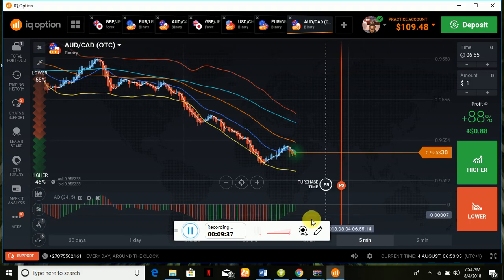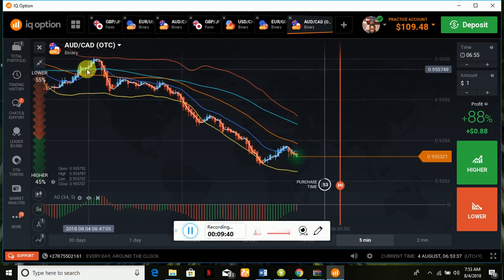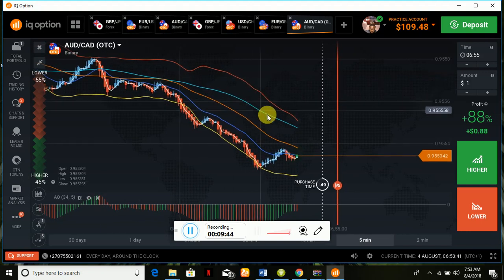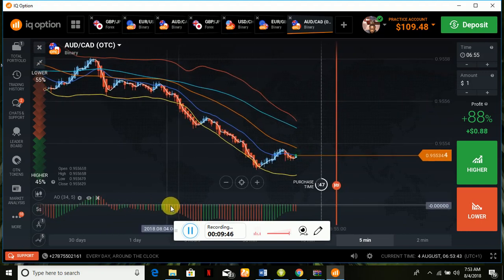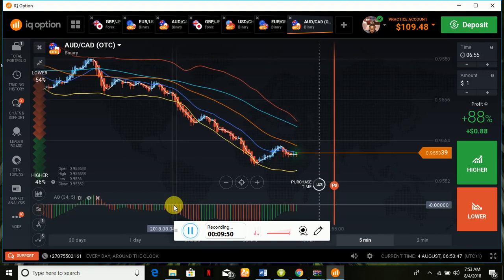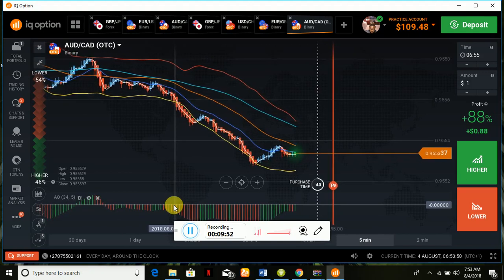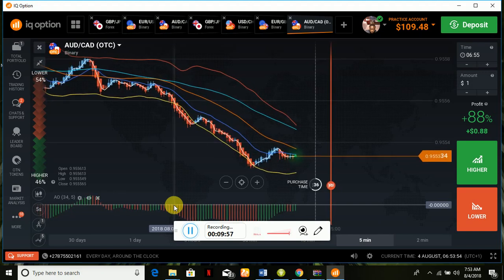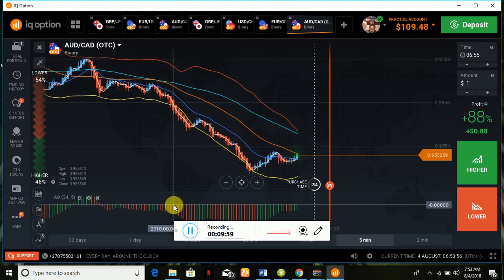If it's below, it's negative. So since it's still below this blue line here, your moving average 60, you're only going to be looking for selling opportunities. You won't buy, because if you buy, you will be taking a huge risk of losing.